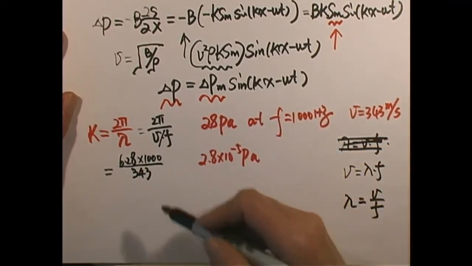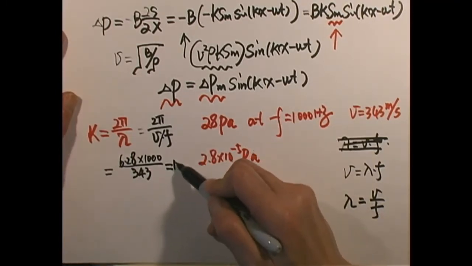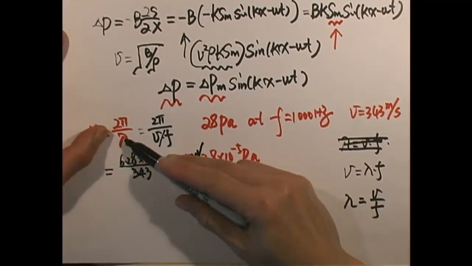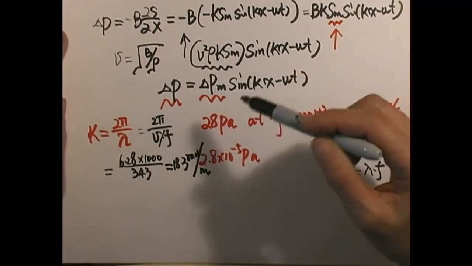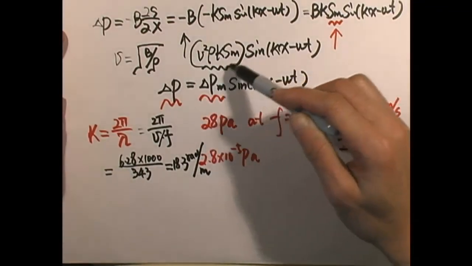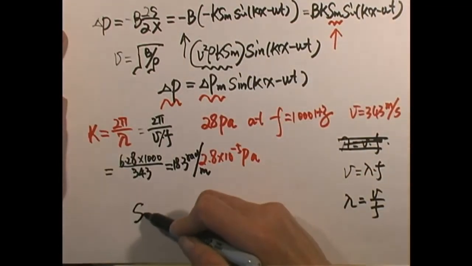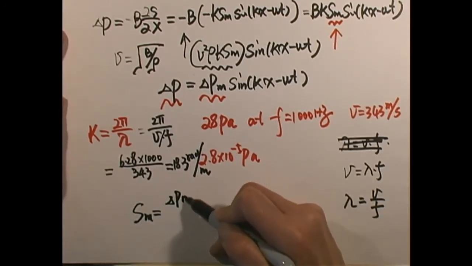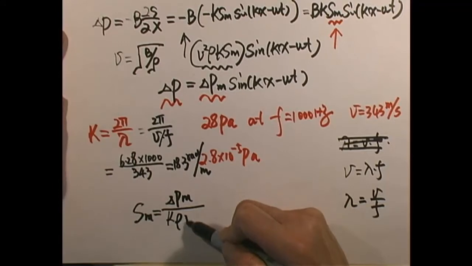Since we use SI units, the result for k is 18.3 radians per meter. And once we have this k, we can calculate s_m, because delta P_m is defined as V squared rho k s_m. So s_m has a relationship with delta P_m, and the rest of it is k, rho, and V squared.